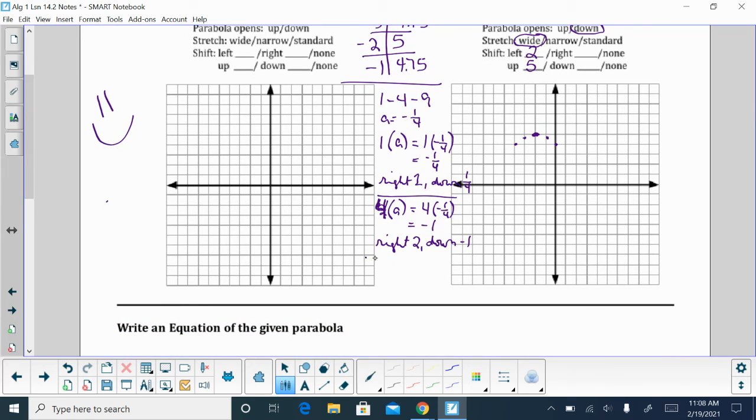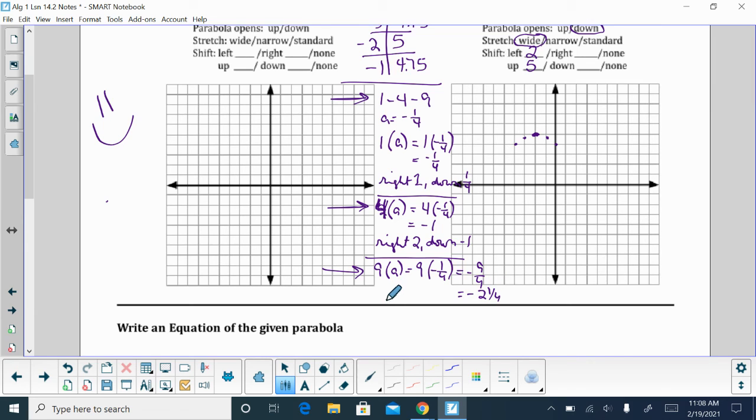And now let's do the 9. So I've done 1, 4, and now 9. 9 times A, so 9 times -1/4, and this turns into -9/4. Let's be real, that means 2 and 1/4.